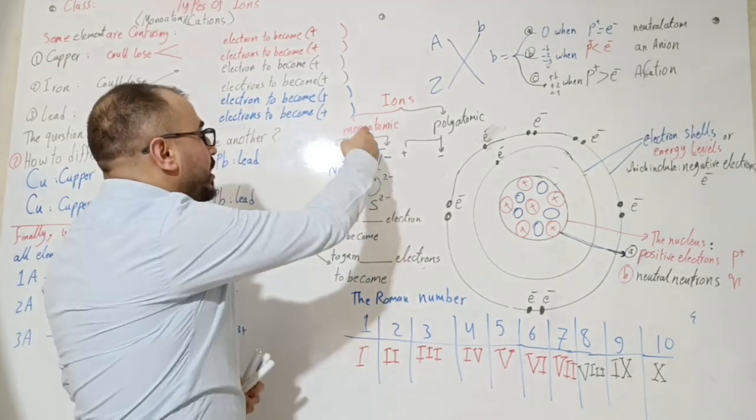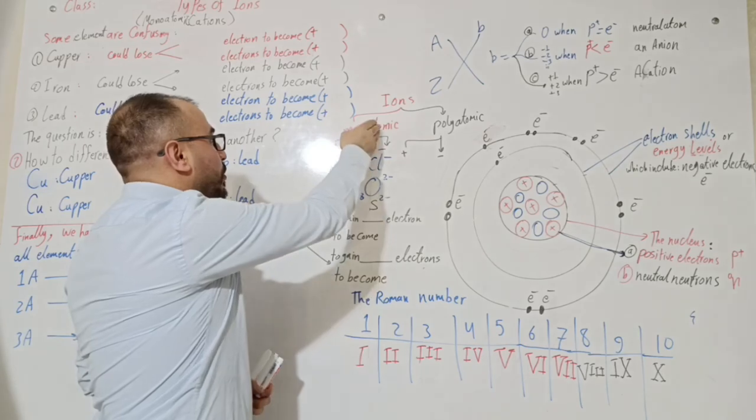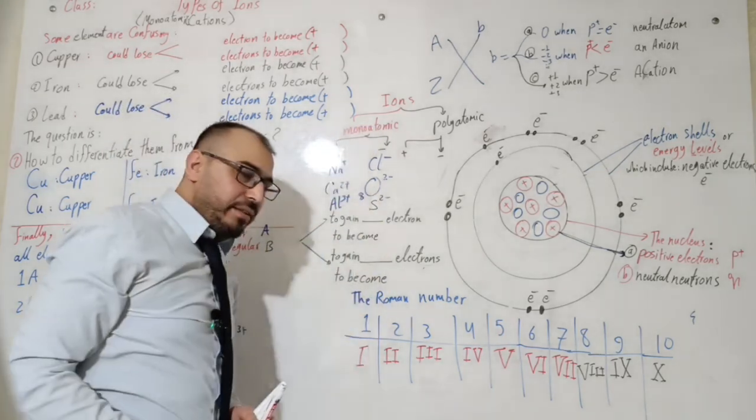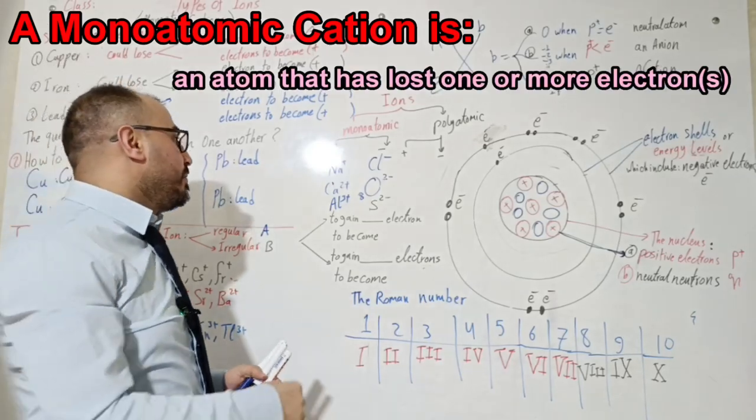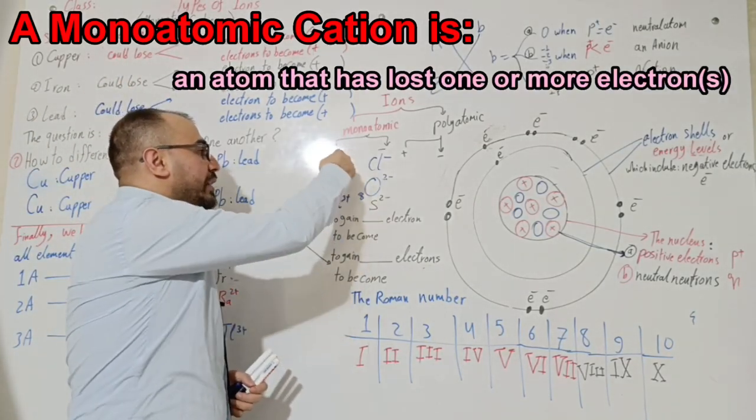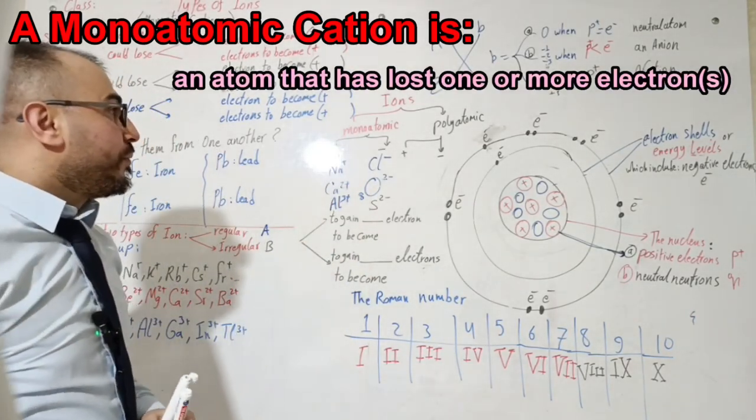Then we started talking about the monoatomic cations, and we said that a monoatomic cation is one atom that has lost one electron or more.